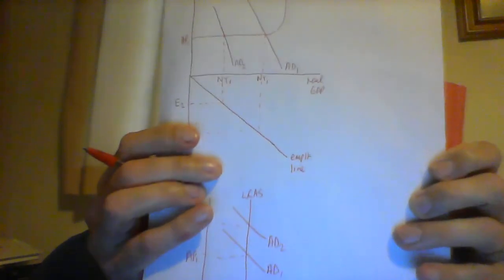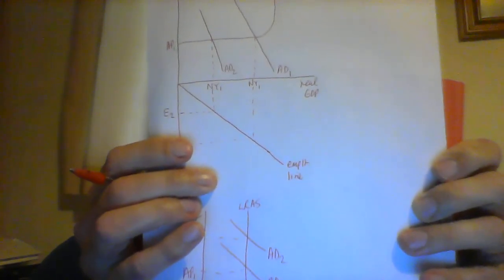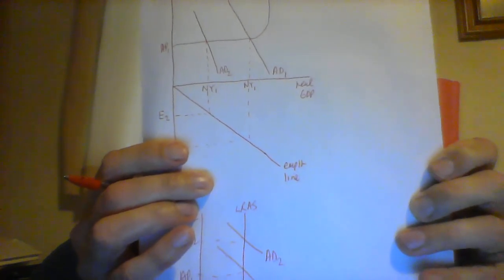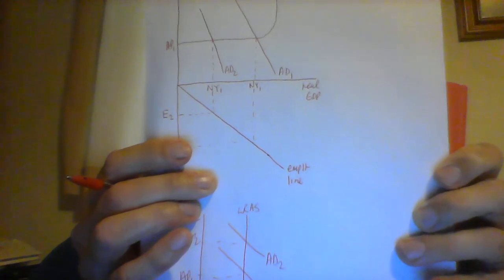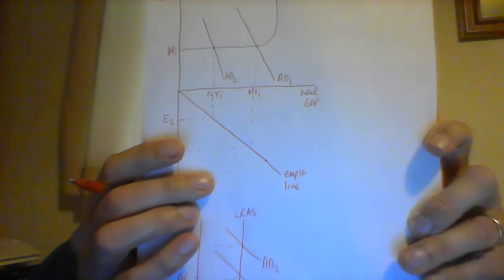So I'll just draw the diagram there. Looking at the bottom diagram, what you can see is that the aggregate demand increase just causes inflation of AP1 to AP2. No increase in GDP, so therefore no increase in employment.